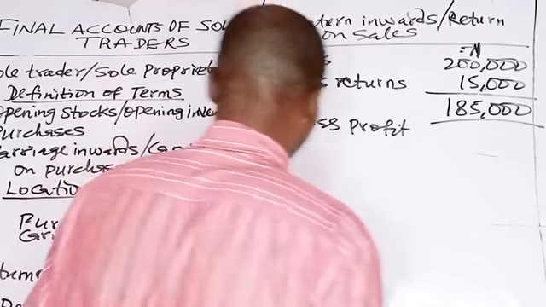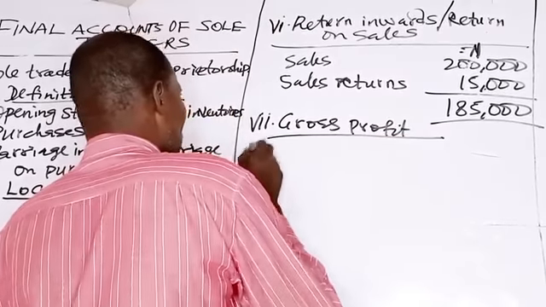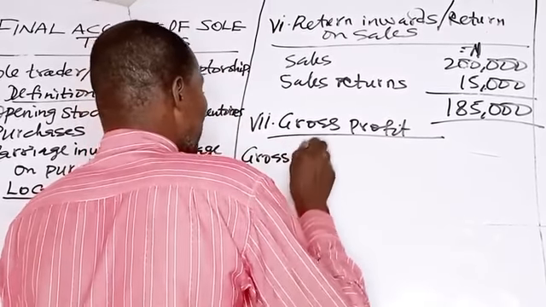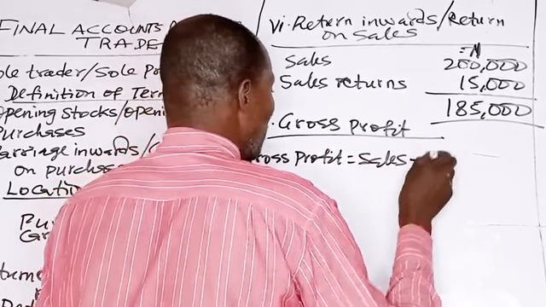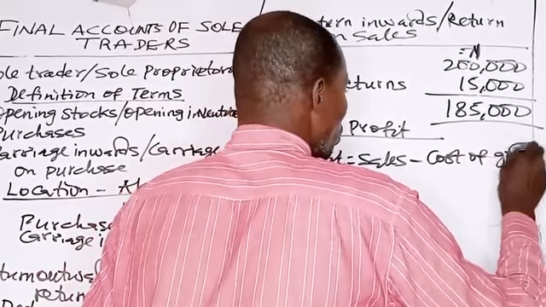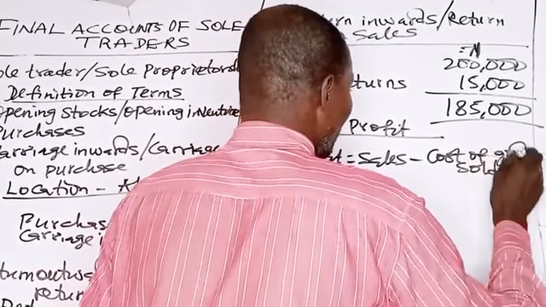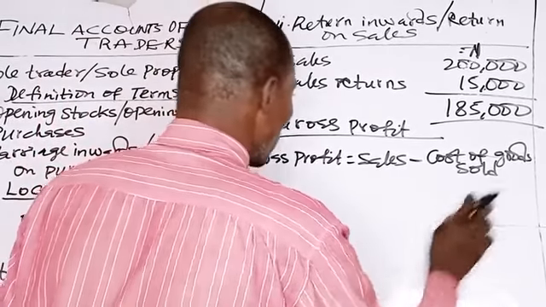That is, gross profit equals sales minus cost of goods sold. That will give you the gross profit.